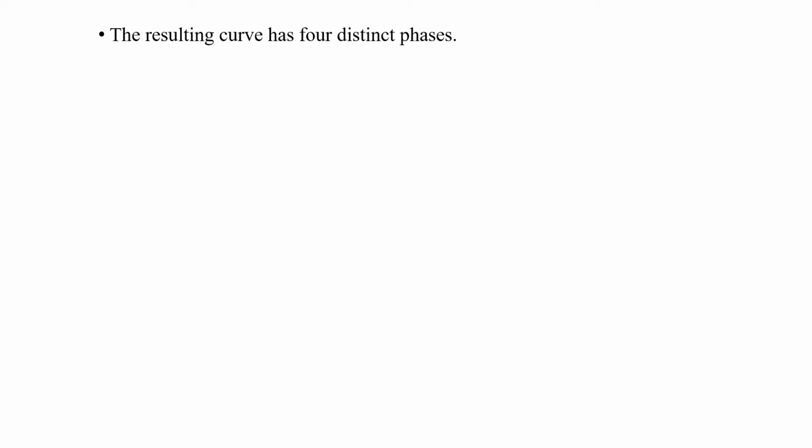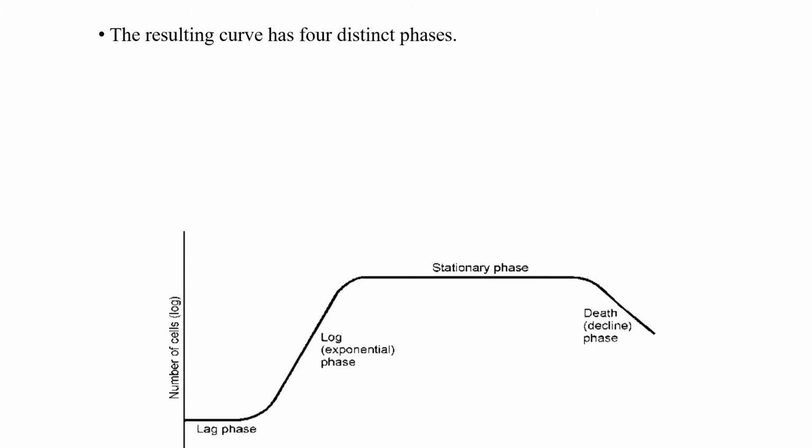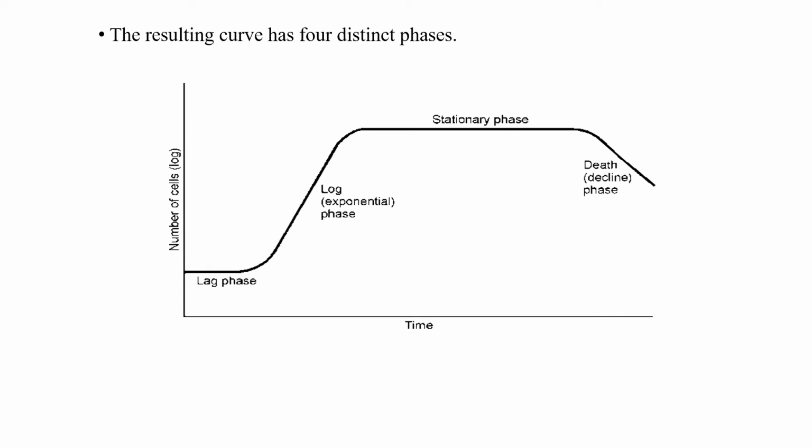The growth curve of a particular bacterial cell has four distinct phases. Here is the growth of population, number of cells versus time. It is mainly divided into the lag phase, as you can see.